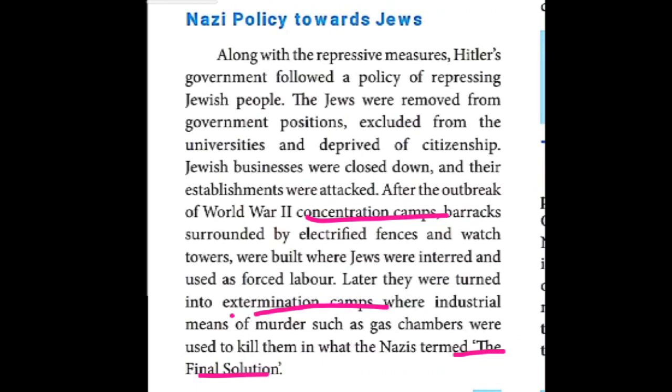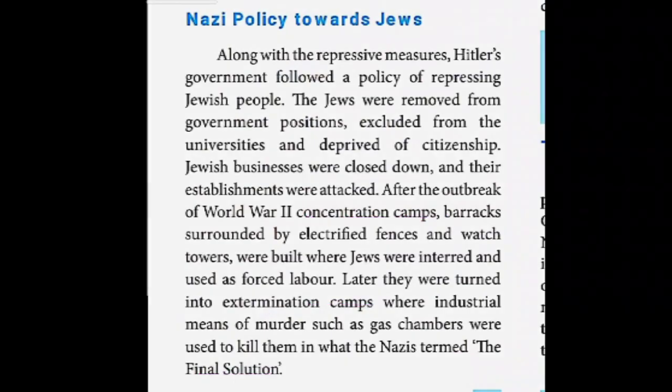First, during the time of the First World War, they were in concentration camps. Later, they were changed into extermination camps. In such a way they suffered with the help of the gas chambers, and they were killed. This is how the Nazis described the final solution in history.